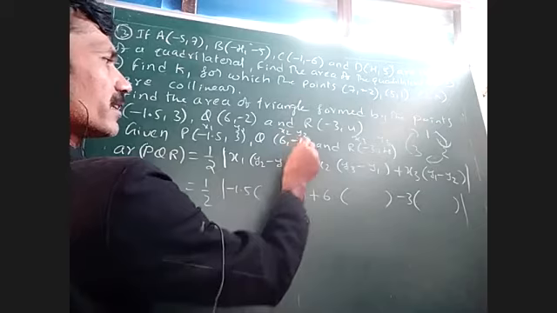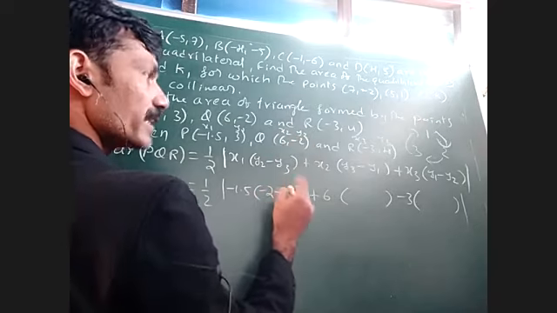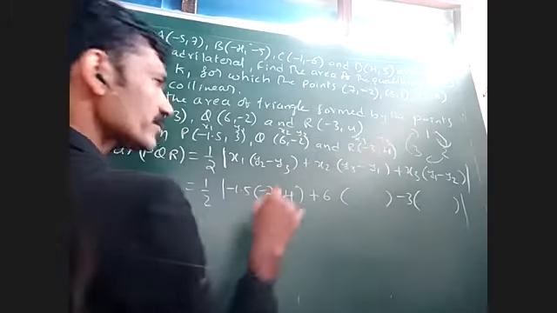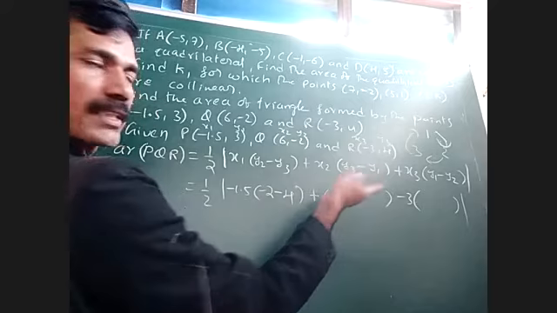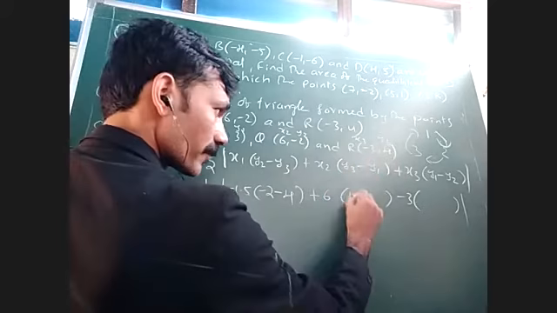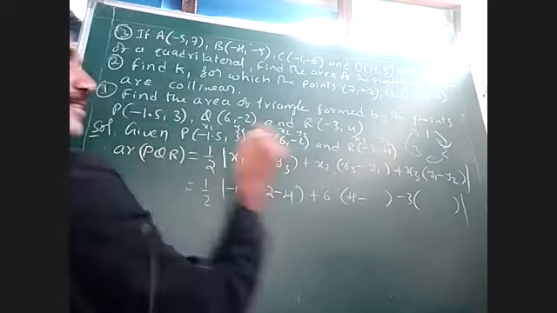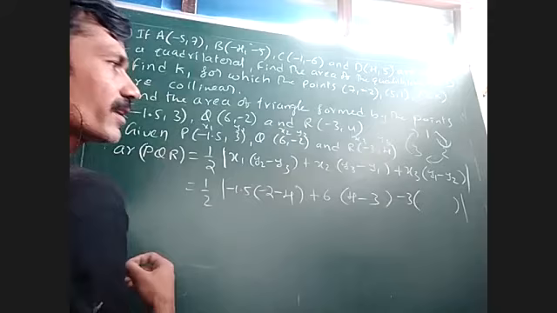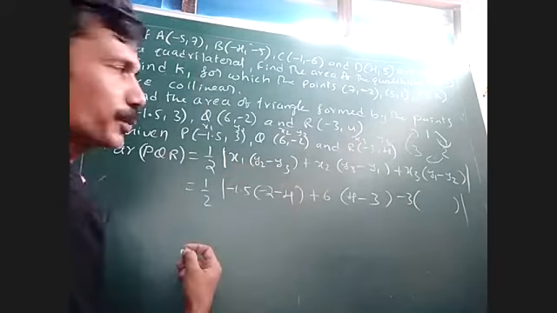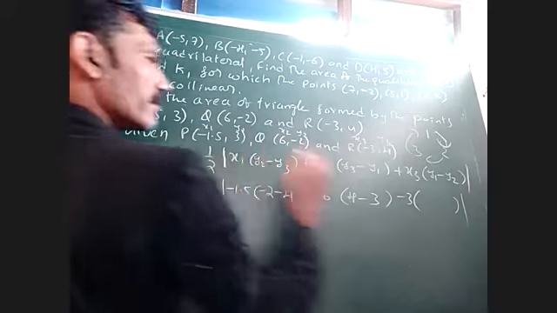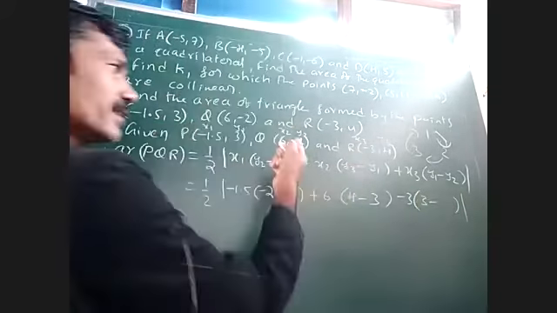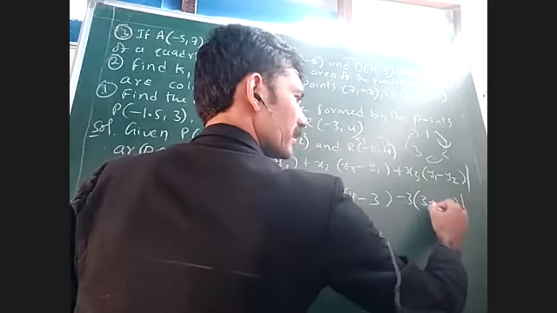Y2 minus y3: y2 is minus 2, minus y3 is 4. Next, for x2, y3 minus y1: y3 is 4, minus y1 is 3. Last, y1 minus y2: y1 is 3, minus y2 is minus of minus 2, so plus 2.